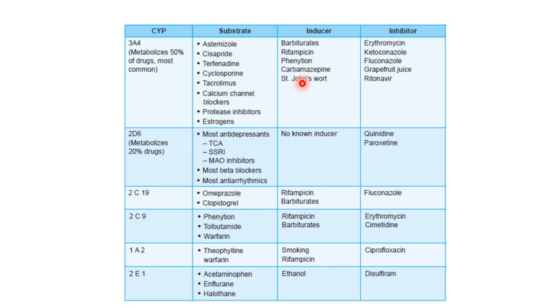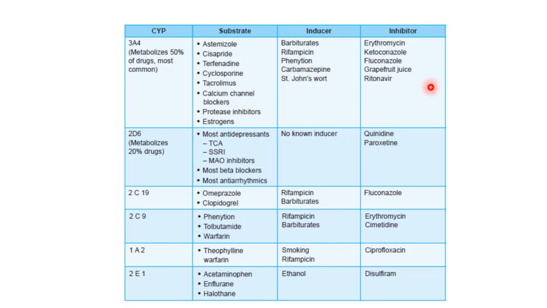Therefore, the plasma concentration might be lower than the minimum effective concentration, or subtherapeutic, and this can cause a failure in the treatment.